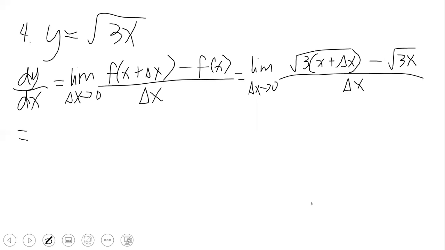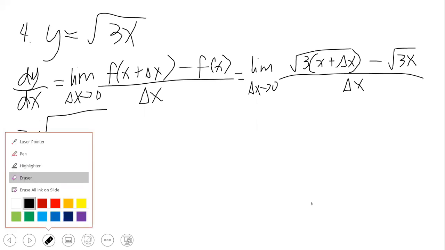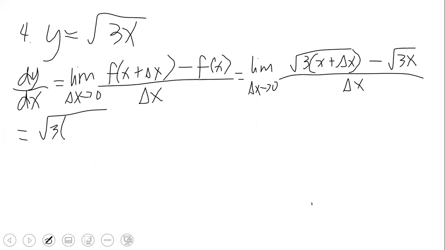So ayan. So this time, simplify natin expression. So you have square root of 3 times x plus delta x minus square root of 3x over delta x.